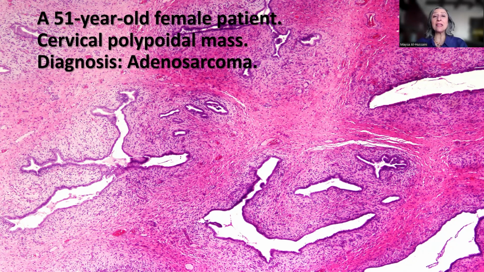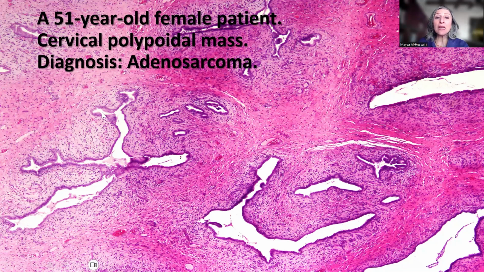So remember that adenosarcoma, whether this is presented in the form of a cervical mass or a uterine mass, usually presents as cervical polypoidal lesion, and on the low power magnification, we have to pay attention to the typical appearance, which is, as in this case, reminiscent of phyllodes tumor of the breast.